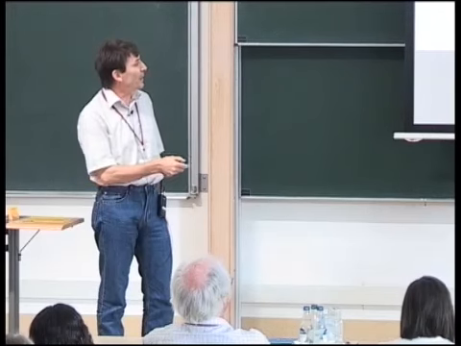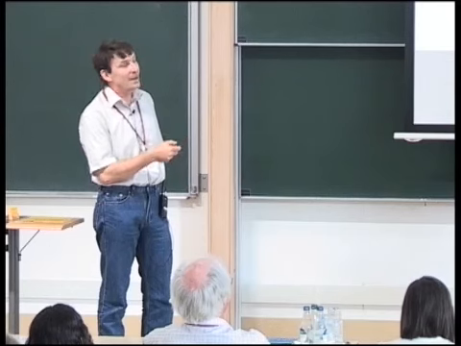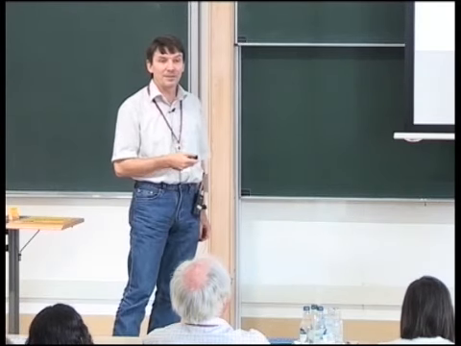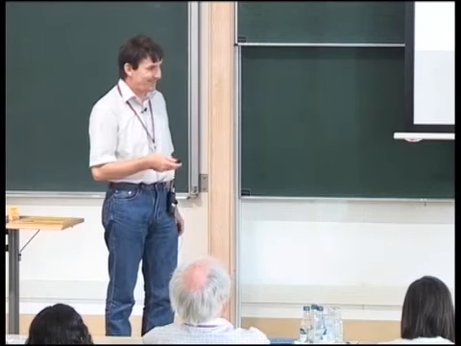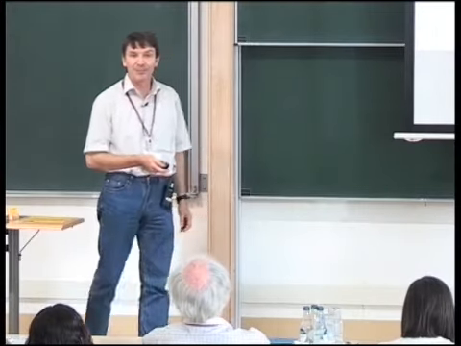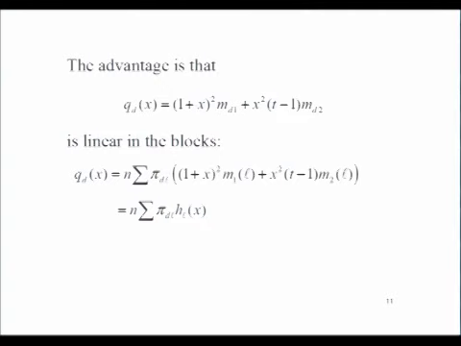So instead of maximizing it directly, we introduce a function and try to maximize the minimum of this function, which seems weird, making life more complicated, but it's actually helpful. The advantage is that this function is linear in the blocks, so we can write it as a convex combination of the functions of the blocks.